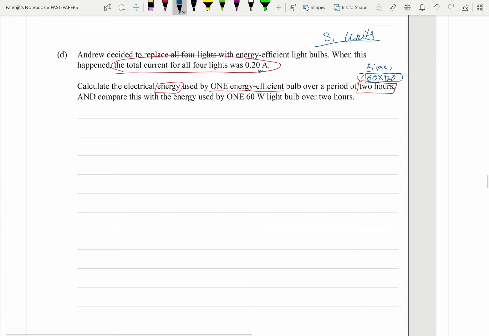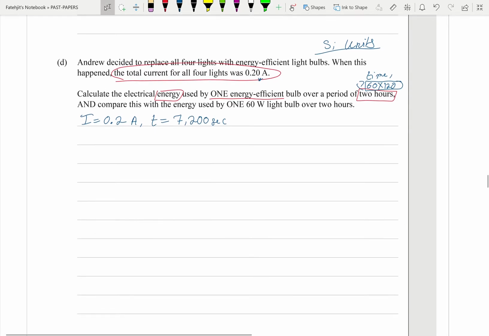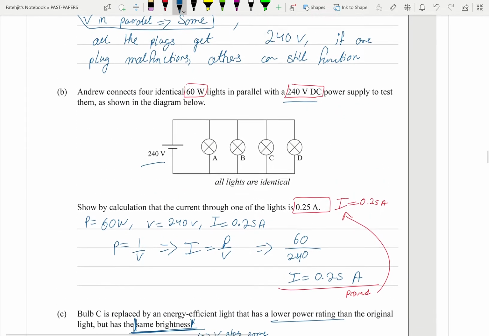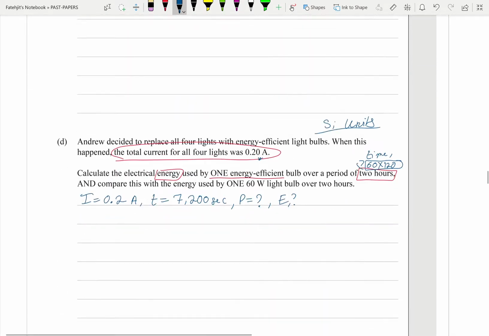So from the data provided, we know that I equals 0.2 amps. We also know that 60 times 120 plugged into your calculator should give you 7,200 seconds. Oh, sorry, so we need to find P for the first bulb and the E for the first bulb. We also know that the voltage is 240 volts.